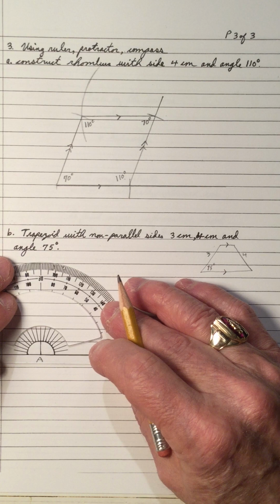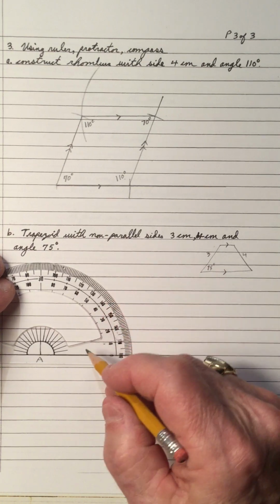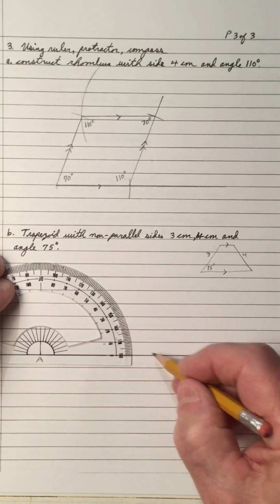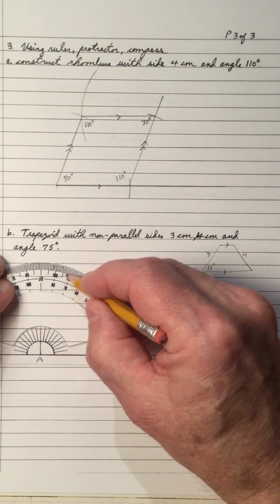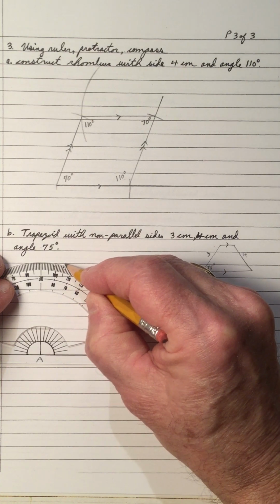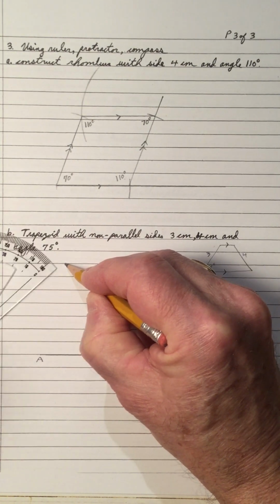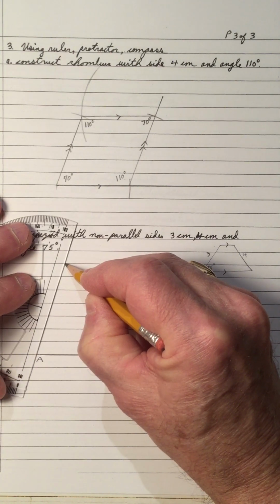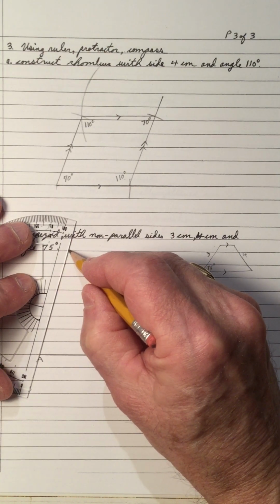So there's 75 degrees coming, and I'm coming up from this end out here, so 75 is right here. So this angle is 75 degrees. Angle A is 75. Done.